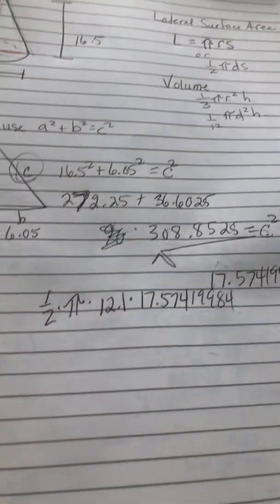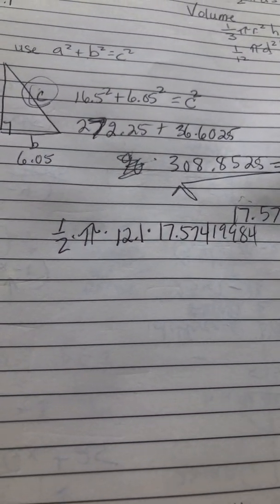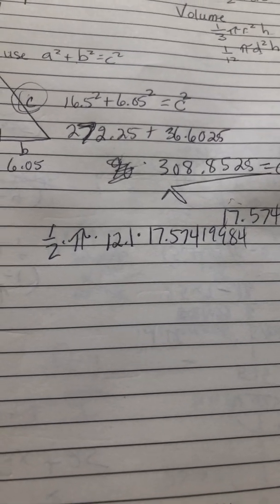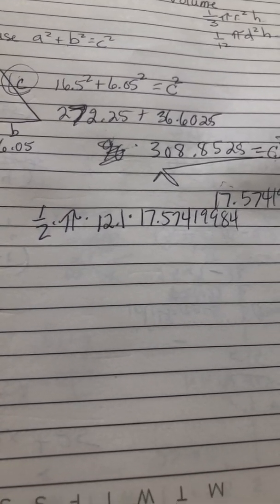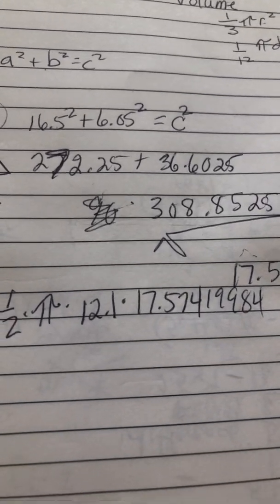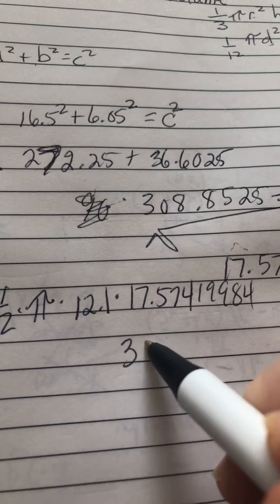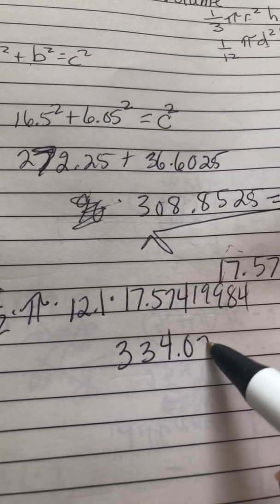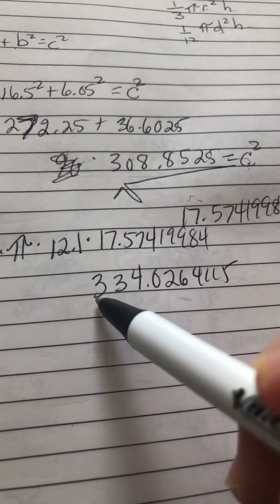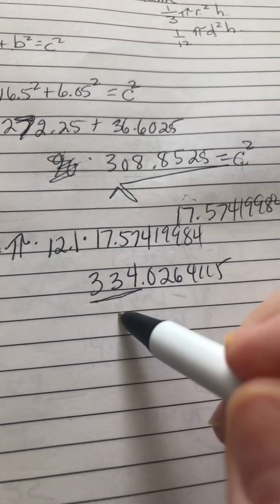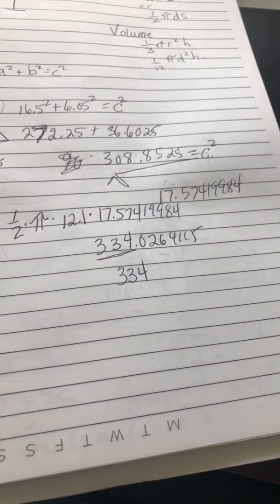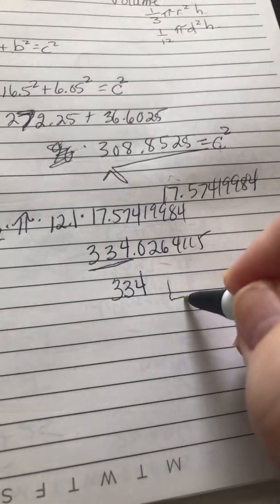All right, so let's see what we come up with when we multiply that, times 12.1. And mine comes up as 334.0264115. And it said round to 3 significant digits. Well, just these 3 then would be the significant digits as the answer for that part. So this is the lateral surface area.